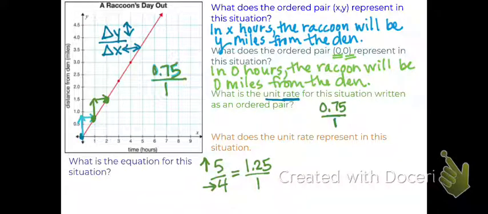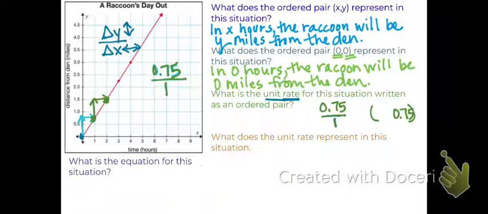But again, this one's already written as a unit rate, so we're done there. But it's actually saying to write our unit rate as an ordered pair. So we're just going to put the Y coordinate, the change in Y, goes where our Y coordinate is, over the change in X goes with our X coordinate.